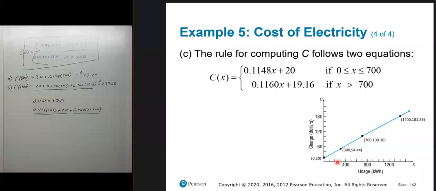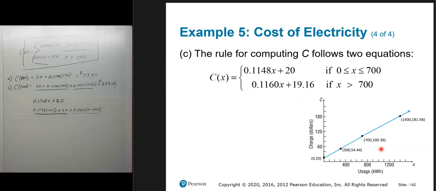So this graph is a little off, right? Because what they're saying here is, if you notice, the slopes are going to be different. The slope of these two portions of the line, when x is 700, these two formulas give you the same dollar amount.